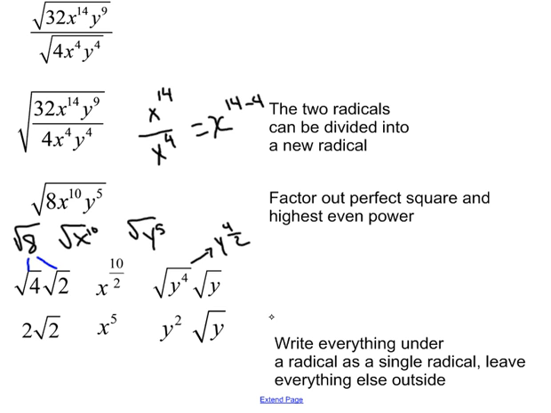Leave everything else outside. So we get this. So this 2 is under a radical and this y is under a radical. So we put it together as a single radical. And everything that's outside of the radical, this 2, this x to the 5th, this y squared, we leave outside of the radical. That's our final answer.